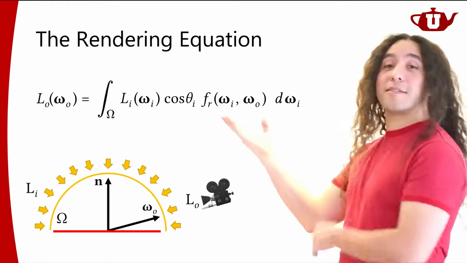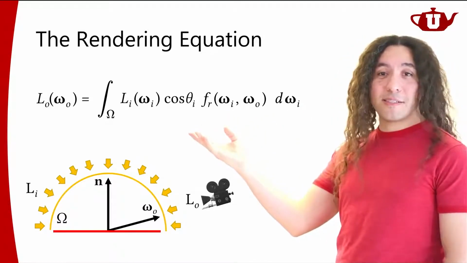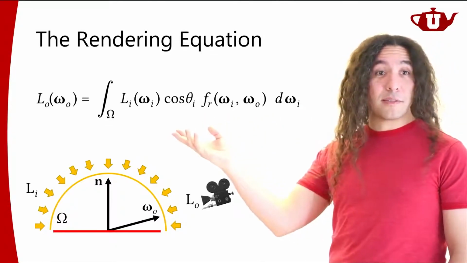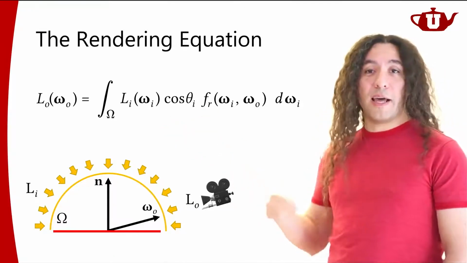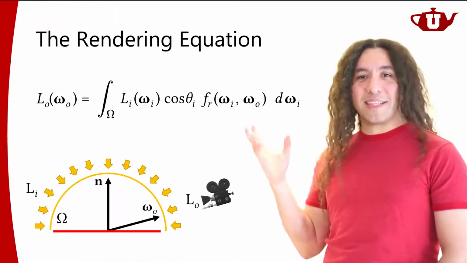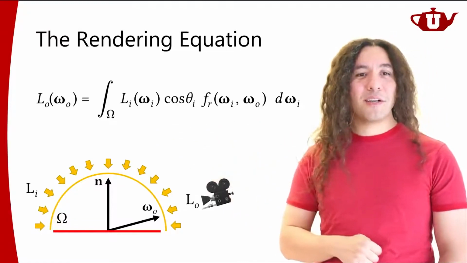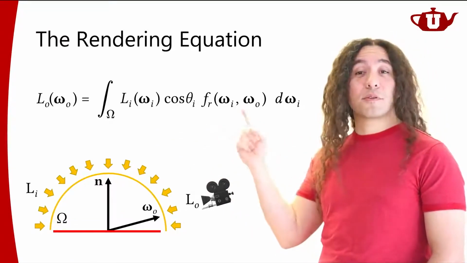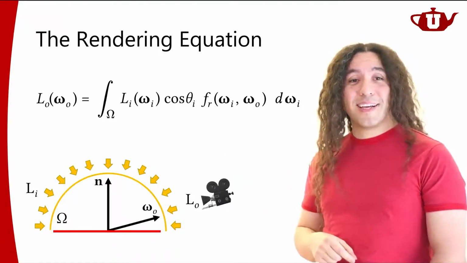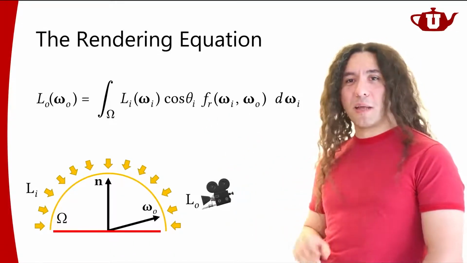And now this, if you recognize, is the rendering equation. This is what Jim Kajiya defined as the rendering equation, and said this is exactly what we've been trying to do. And then he came up with a very good method for computing this for more realistic light simulation.